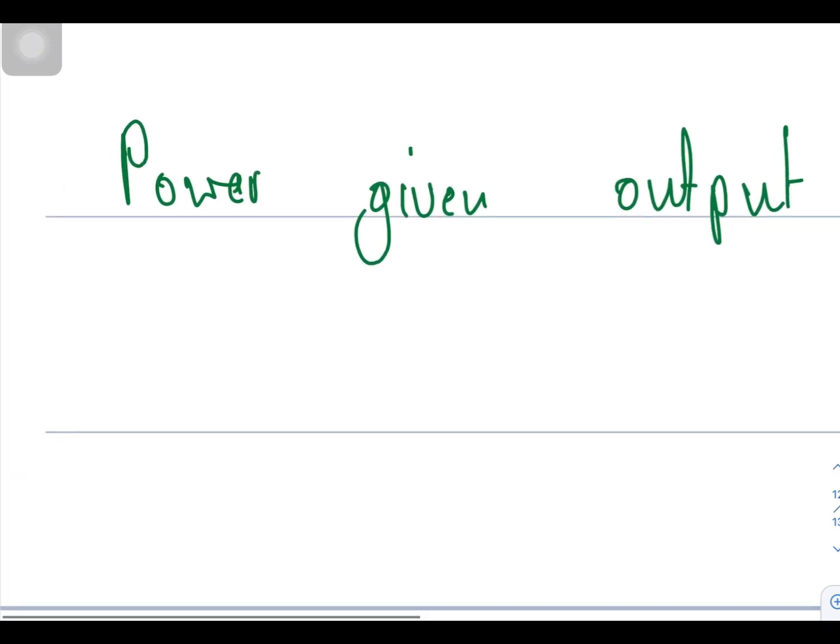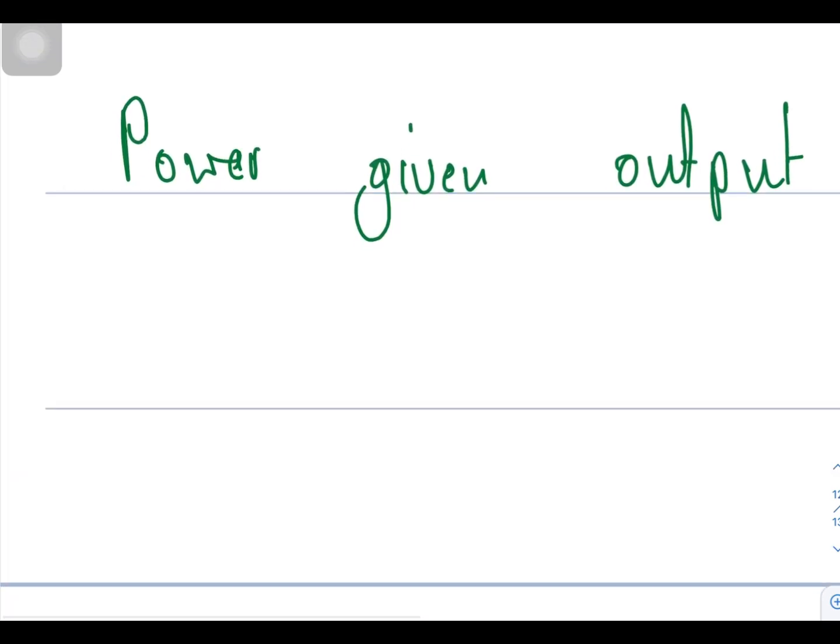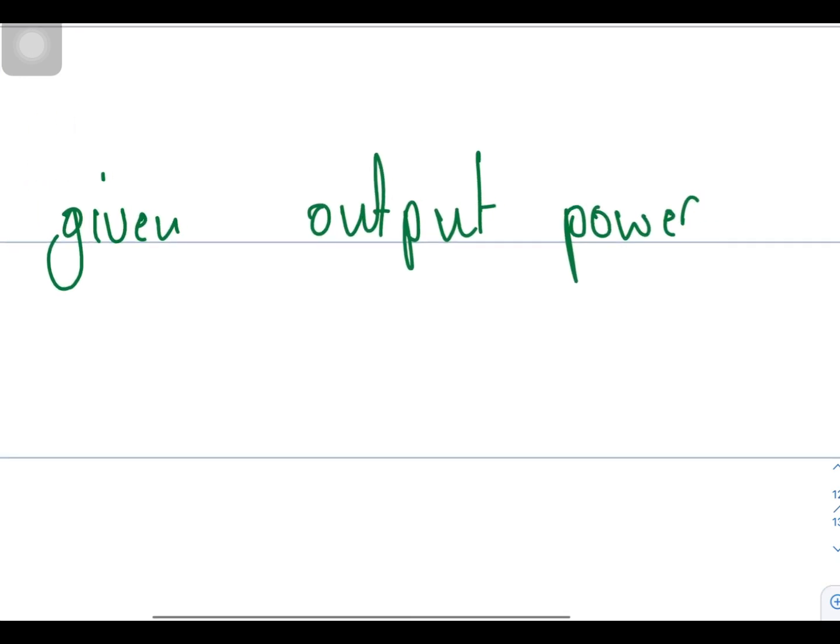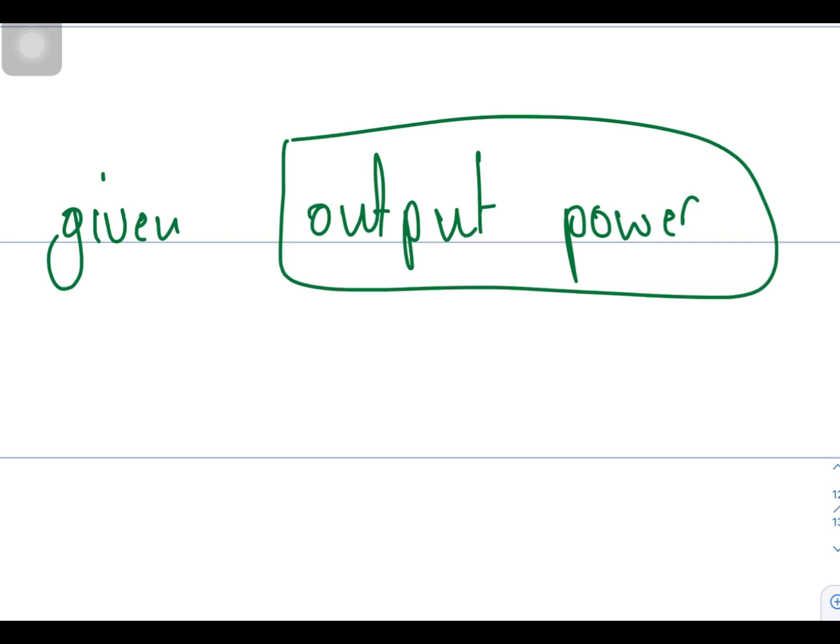Unless they specifically tell you about the input power to a generator or the input power to a motor, then you can take it as input because now they are giving you a directive. But if they are not telling you which power it is, you always take a given power as only the output power.